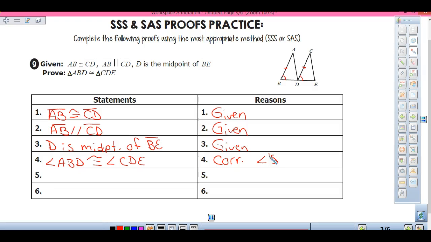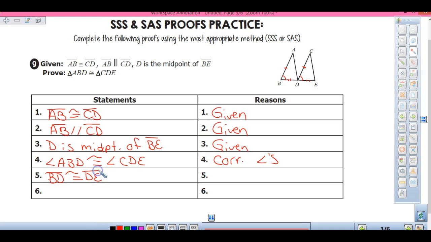Okay, so that was based off of this, right? So now we have another given that might give us some good information. It says D is the midpoint of BE. So if D is the midpoint of BE, what can we conclude? BD is congruent to DE.